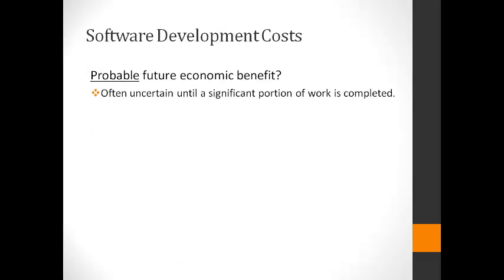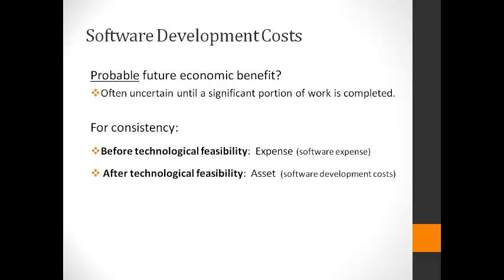An asset cannot be reported on the balance sheet unless there is a probable future economic benefit. Emphasis on the probable. The future economic benefit of software development is often uncertain until a significant portion of work has been completed. Since there is a lot of judgment involved in determining if benefit is probable, FASB provided some rules for reporting an asset or an expense.